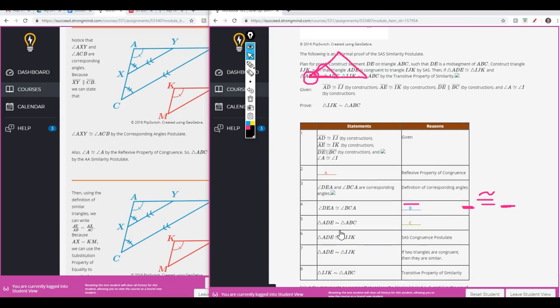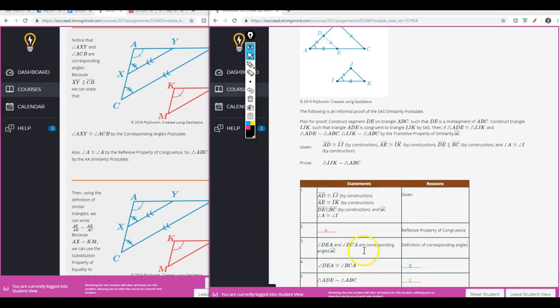And then this next one, it says that angle DEA and angle BCA are corresponding angles. Definition of corresponding angles. And it says angle DEA is congruent to angle BCA. Okay, well, these are the same angles from the previous statement.